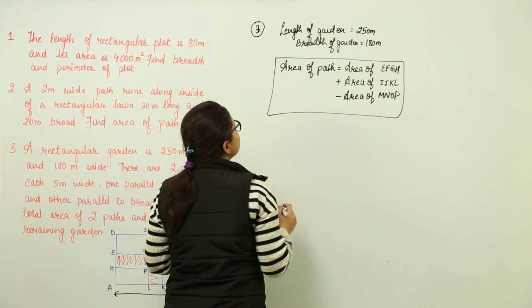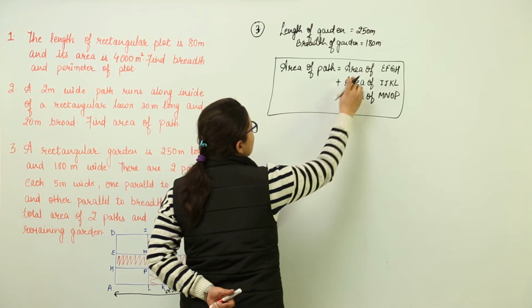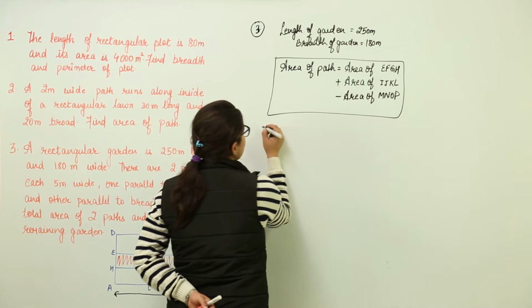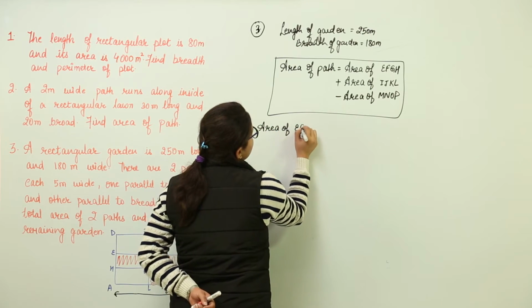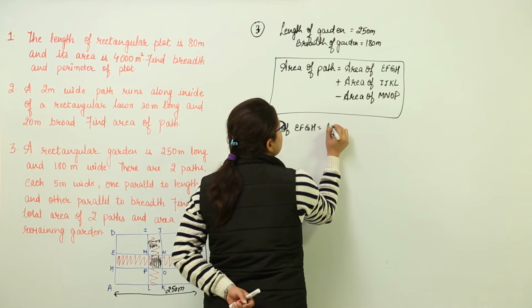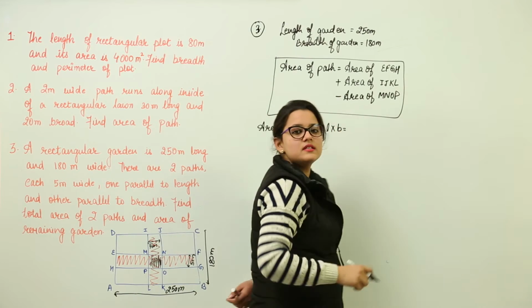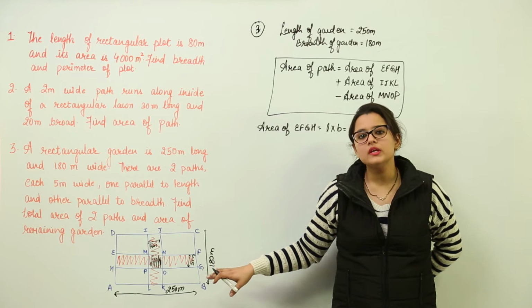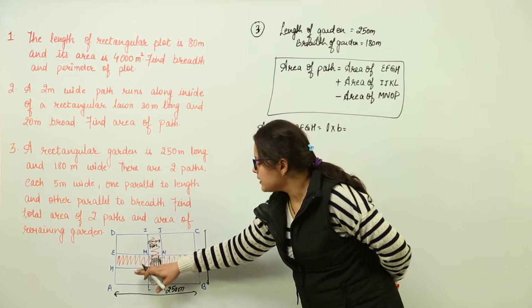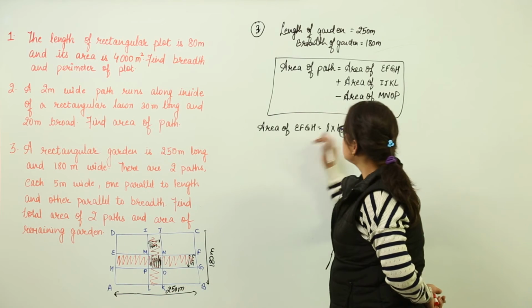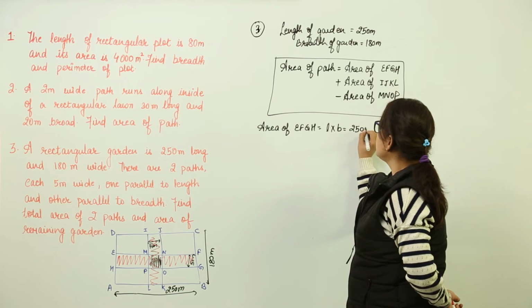Let us do this now. First of all, we have to calculate all the three individual areas. Area of EFGH would be equal to length into breadth, as it is representing a rectangle only. So what will be the length of EFGH? The length will be equal to 250 meters. So we'll write 250.